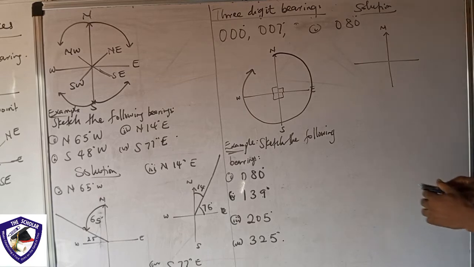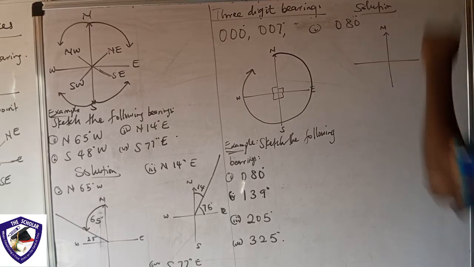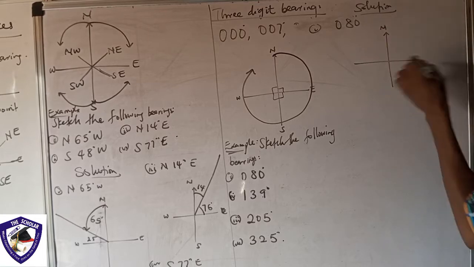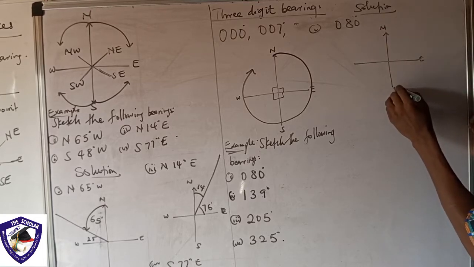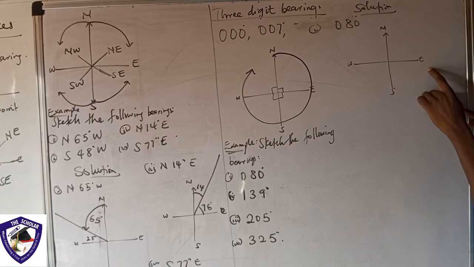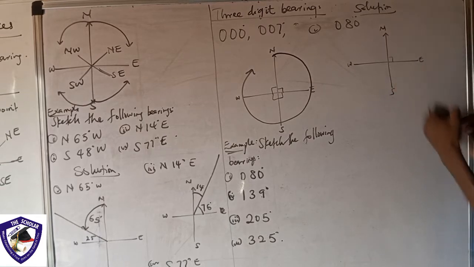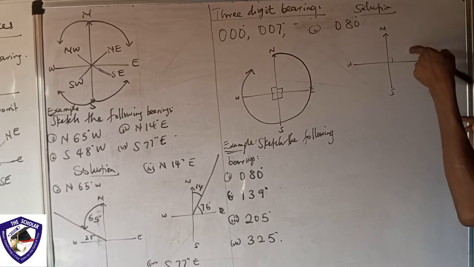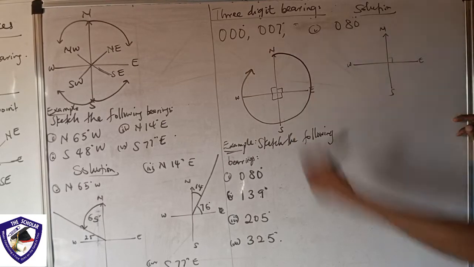Now remember that I said from here, going this way is 90, 90. So if you are starting from the North Pole, from here to here, this is east, then south and west. So it means 080 degrees would be between north and east because that is 90 degrees. Are you with me? So it will not exceed this first part since you are moving in the clockwise direction following this diagram.